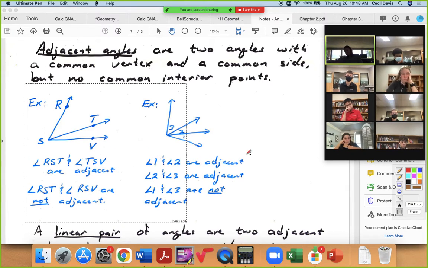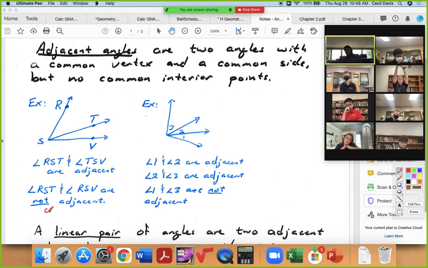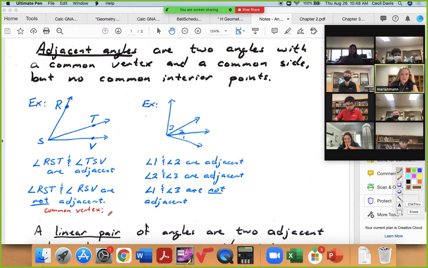that's different than RST and RSV. For angle RST and angle RSV, do they have a common vertex? Oh, don't everyone talk at once. Yes, what is the common vertex? S. Do they have a common side? Okay, Colton, tell me, do they have a common side?